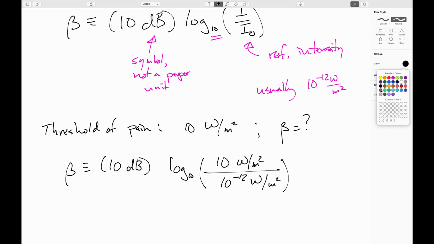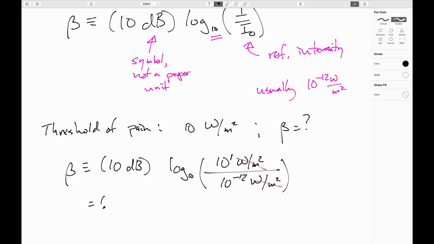Now, one thing that you always need to have happen is, log is another one of those things where you need all the units inside to cancel, because I don't know what it means to say log of watt. So let's figure out what that will work out to be. Be really careful here when you're using your calculator. Remember, this 10 is the same difference as 10 to the 1.